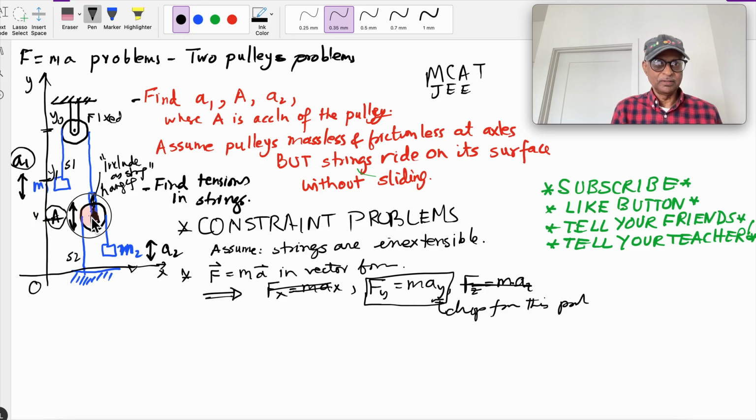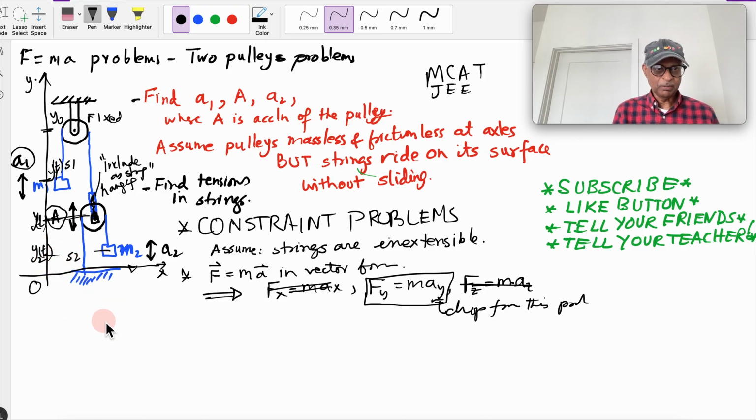This thing is some y. Let's call it y. And this will be y2. So y0 is time independent, and the others are time dependent.